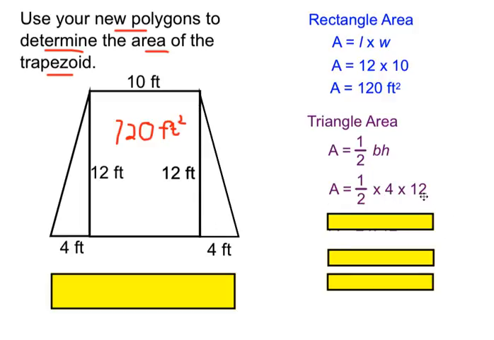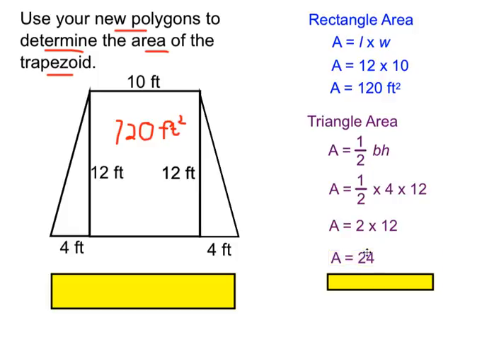Then we simply do the math. 1/2 times 4 gives us 2, so now we have 2 times 12, which is 24. Now remember, we have two triangles in our trapezoid, so the area of 24 square feet is not going to work because we have to double it first and get 48. So a combined measurement of 48 square feet for both triangles.